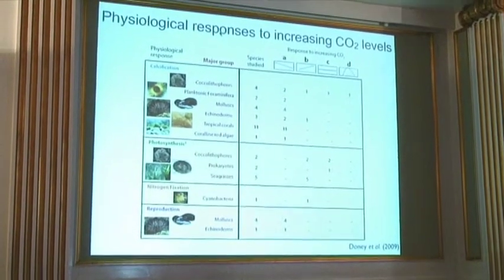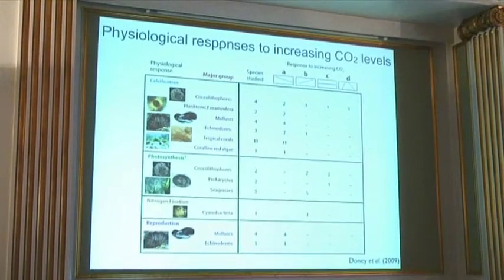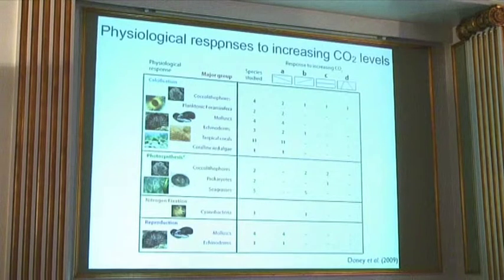It might increase, it might stay the same, or you might get an optimal type curve. And what you'll see is that for the process of calcification, nearly all of the organisms show reduced calcification. In the case of corals, it can be up to 60% reduced from normal seawater.